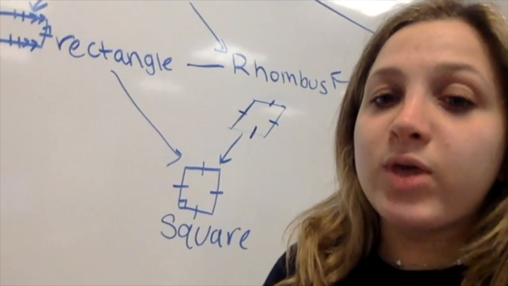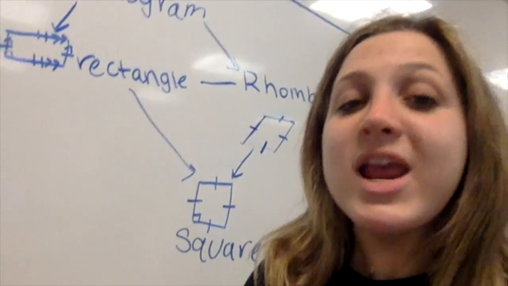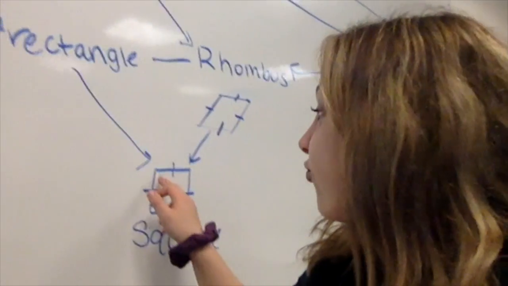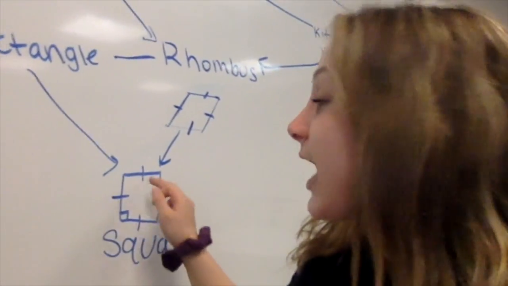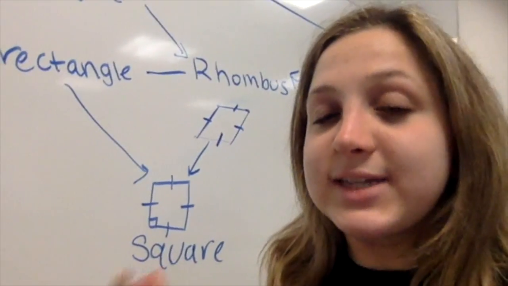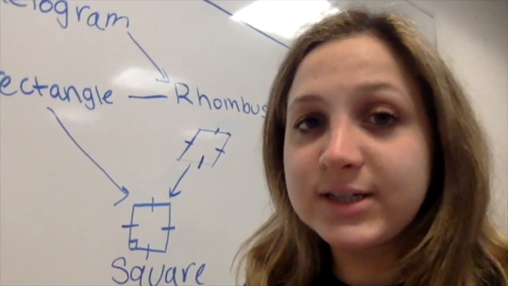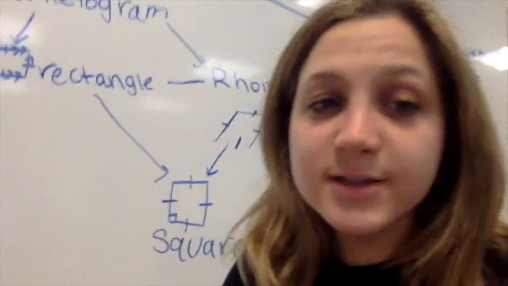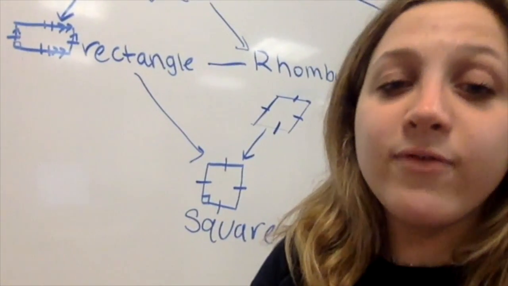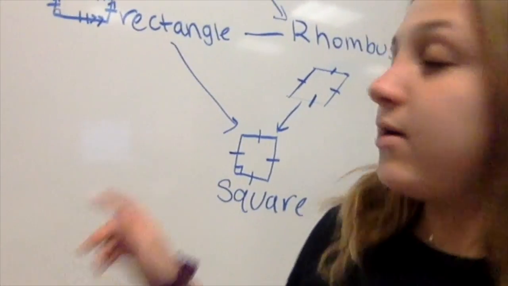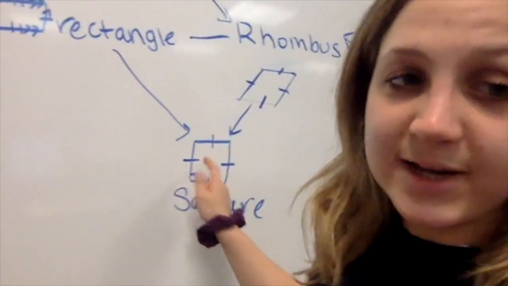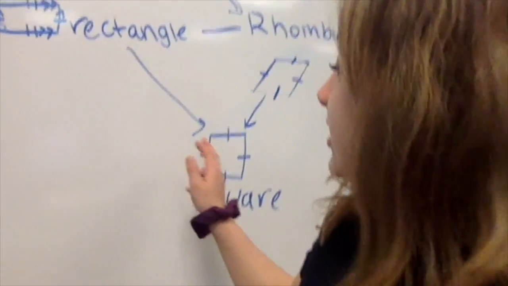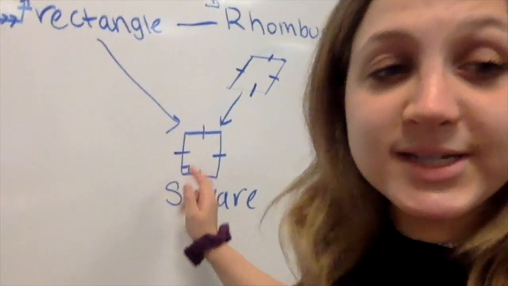And if we know that a quadrilateral's interior angles must total 360 degrees, then if there are four angles, every angle is going to be 90 degrees because 90 times 4 is 360. Well, then how do we know that this is a parallelogram? We know that this is a parallelogram because if all the angles are right angles, because a right angle is 90 degrees, then we know that all the sides are perpendicular.